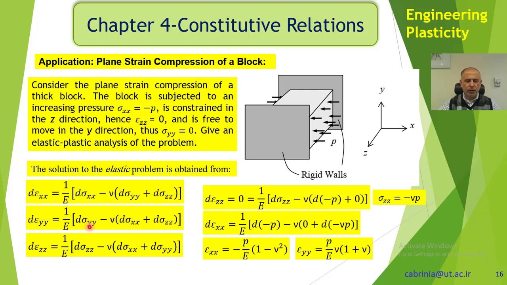We substitute sigma yy equal to 0, sigma x equal to minus p, and sigma z equal to minus mu p. Therefore we get epsilon xx equal to minus p over E times 1 minus mu squared, and epsilon yy equal to p over E times mu times 1 plus mu.